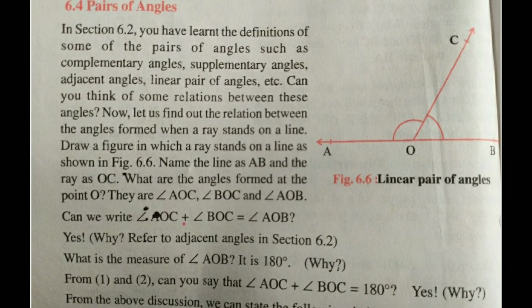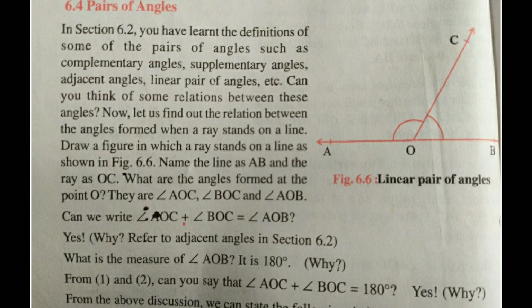Because OC is a common arm, and AO and OB are on opposite sides of the common arm, so they form adjacent angles. We can refer to this as equation 6.2. What is the measure of angle AOB? AOB is 180 degrees, as it is a line.